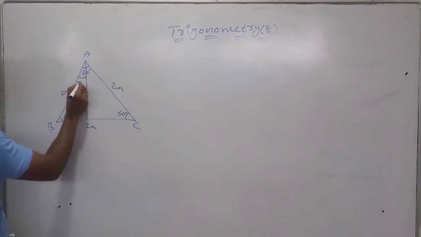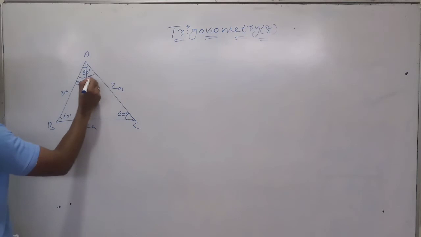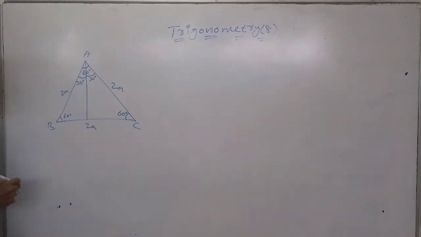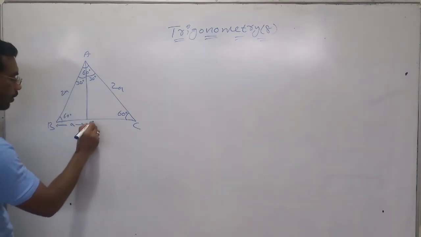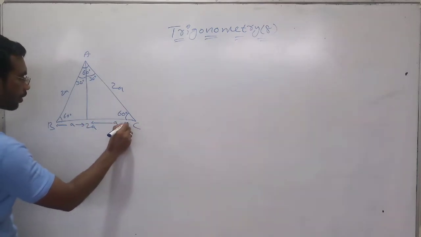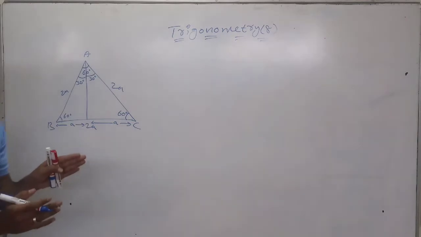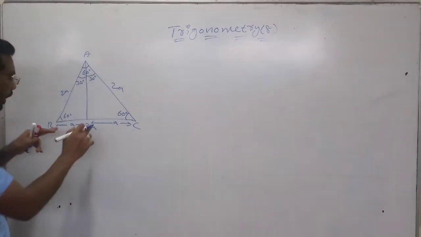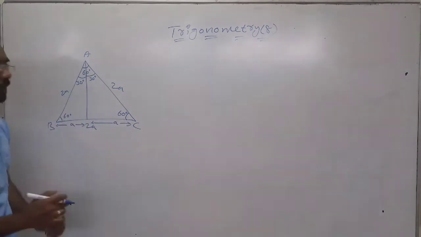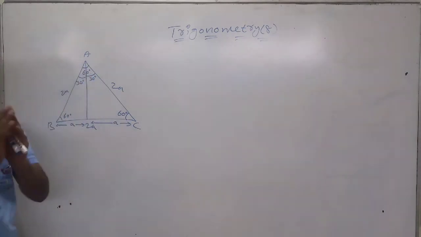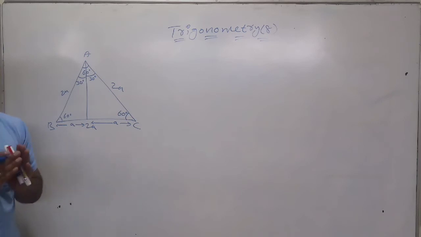This one will be 30 degrees and this is also 30 degrees. Now how much will it be? Because if you are drawing the perpendicular, it will be on the mid of BC and AD is the angle bisector, which is dividing the angle A into two equal parts.